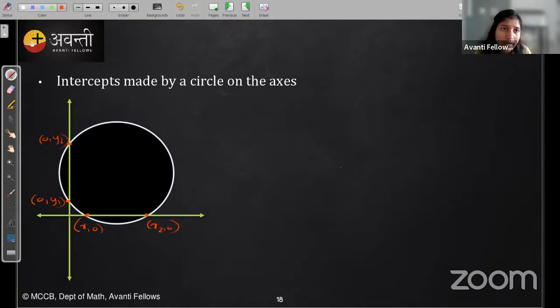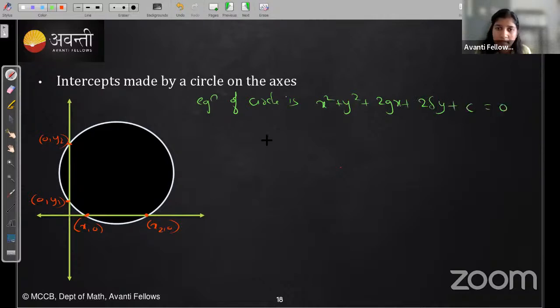Okay. Fine. You should tell me the general equation of the circle. What is the general equation of a circle? We know, right? The equation of a circle is x square plus y square plus 2gx plus 2fy plus c equal to 0. Isn't it? Yeah. Now, if you consider the y-intercept, x will be equal to 0, right?